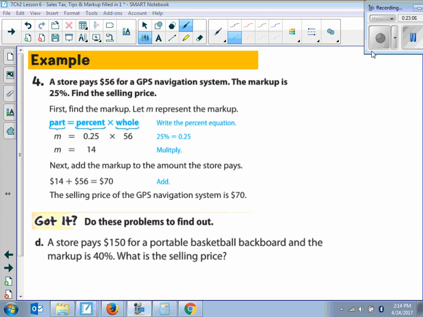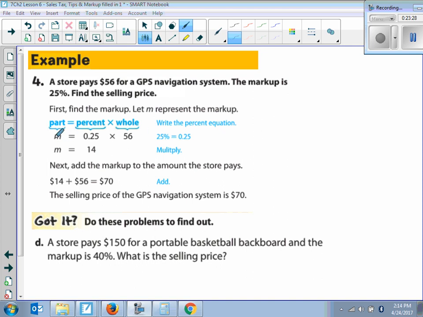Example 4 says a store pays $56 for a GPS navigation system. The markup is 25%. Find the selling price. So on this one, our what number is question would be what number is 25% of $56. Here's how they found the markup.